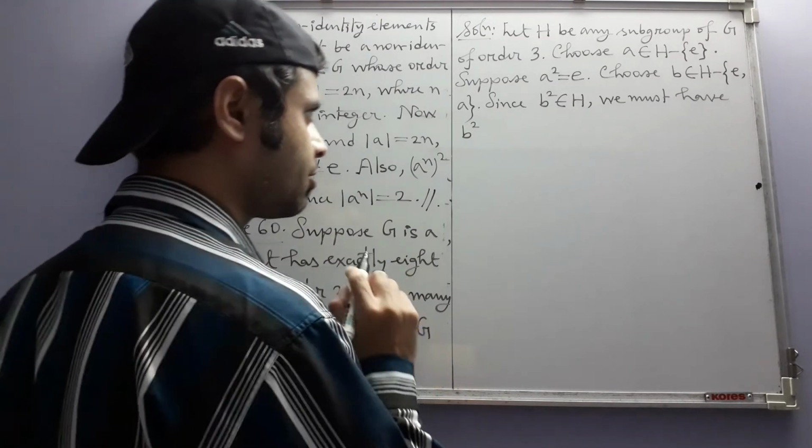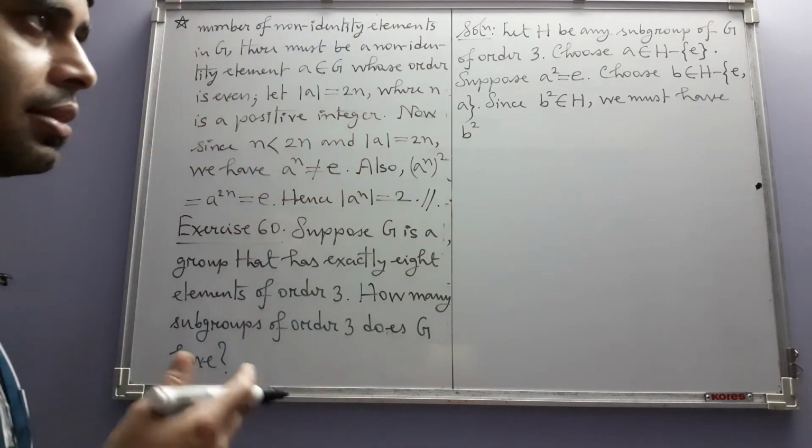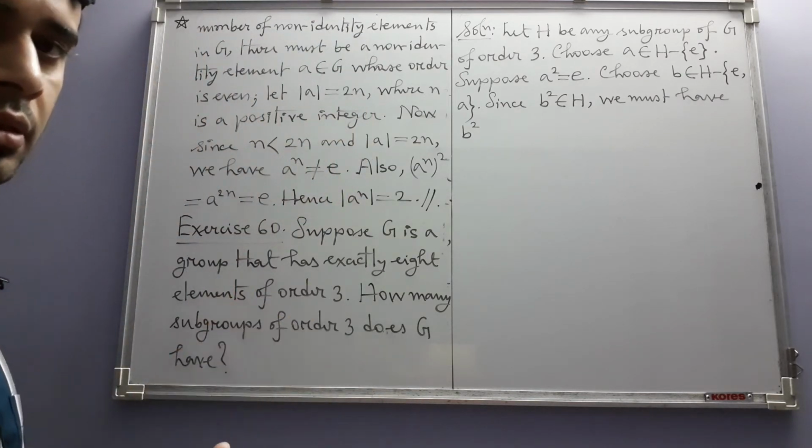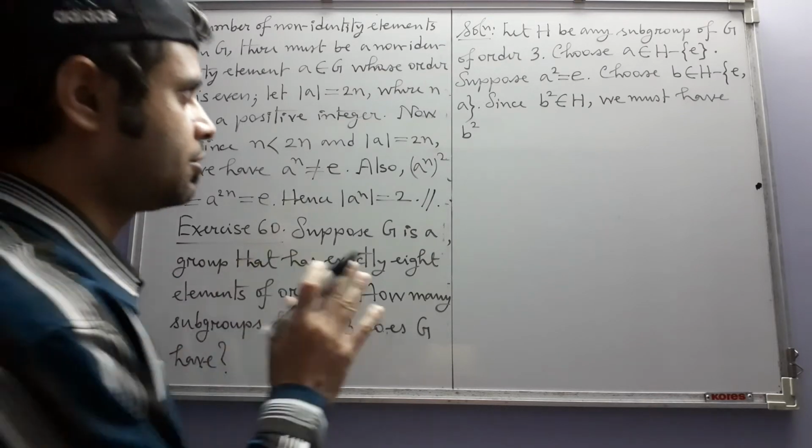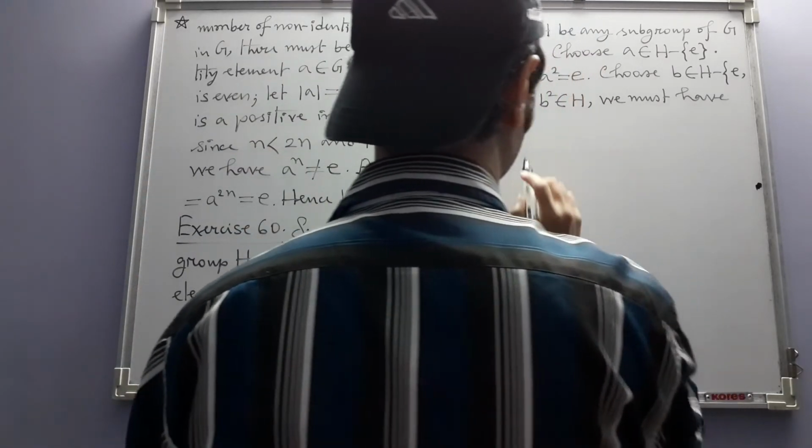But B square cannot be equal to B, because in that case, by the cancellation laws, B should be equal to the identity. We have to now write these things systematically.